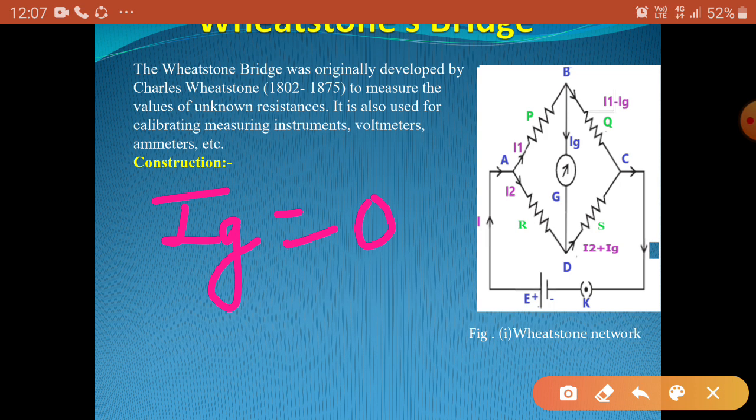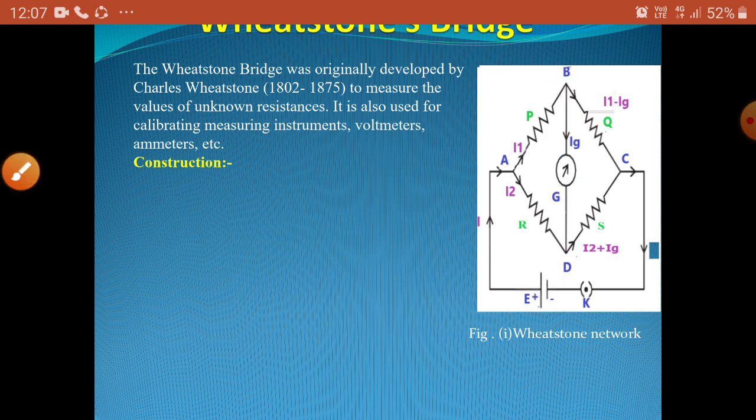But this happens only when the point B has the same potential as the point D, or the point D has the same potential as the point B. At this moment the galvanometer shows 0 deflection. That means no current flows through the galvanometer. This is the principle of the Wheatstone's bridge.